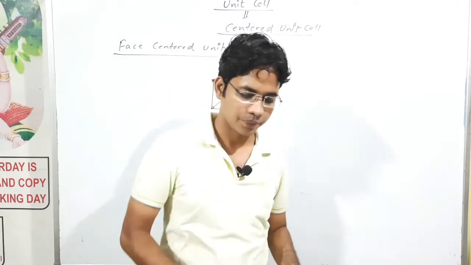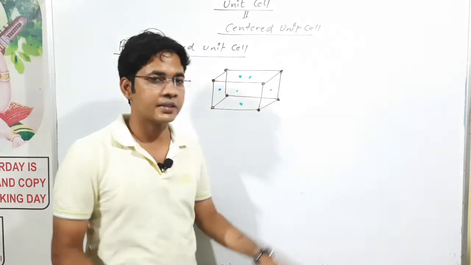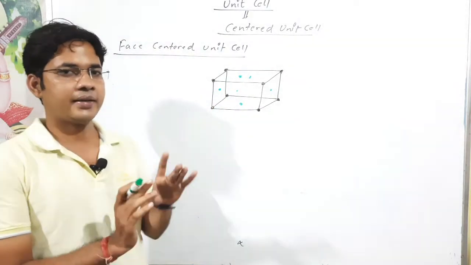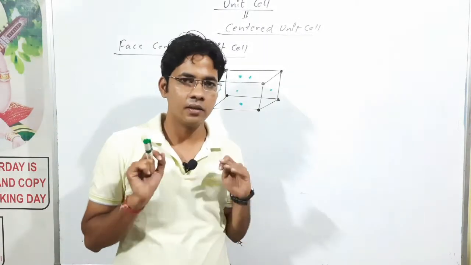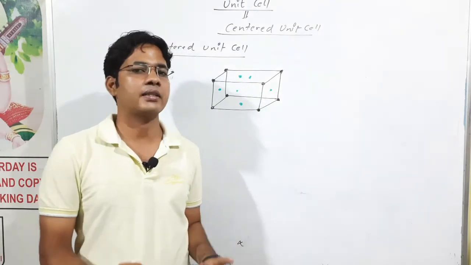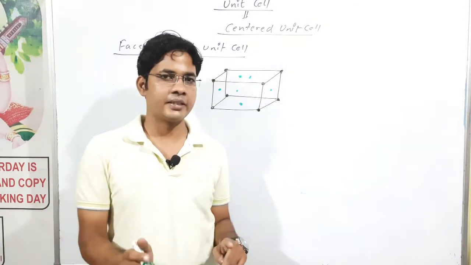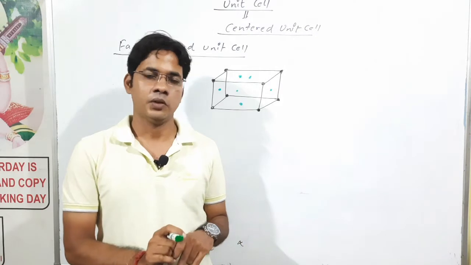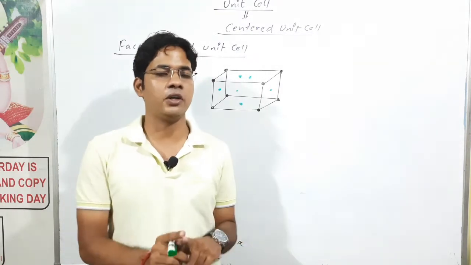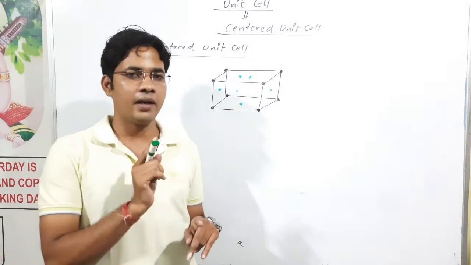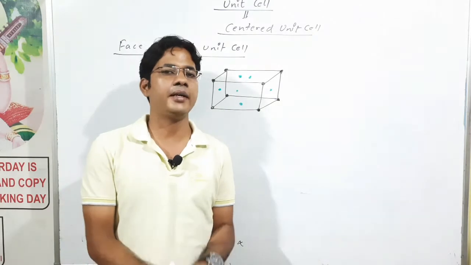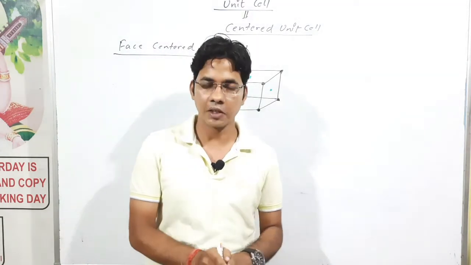You can assume you are sitting in a room and your room is a unit cell. So atoms are present at the corners of the room, as well as atoms present at the walls of the room. There are a total of 6 walls in the room, and one atom is present at each wall of the unit cell.